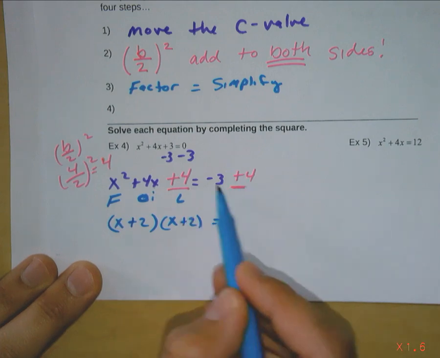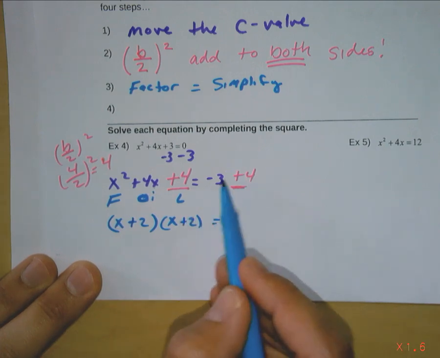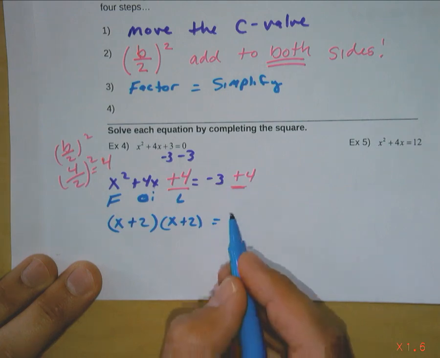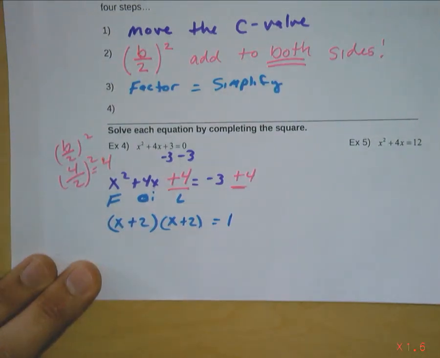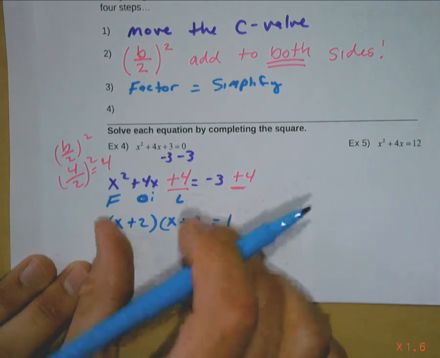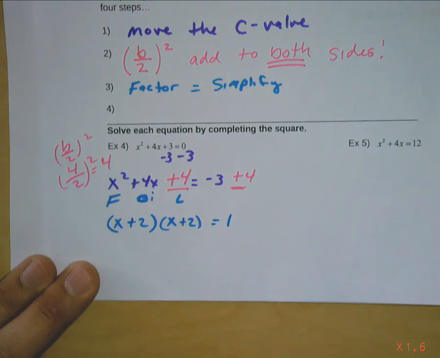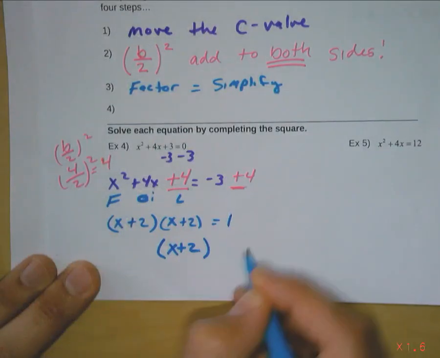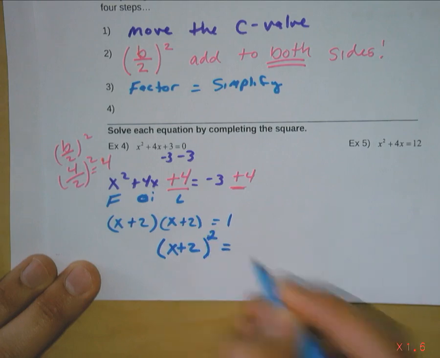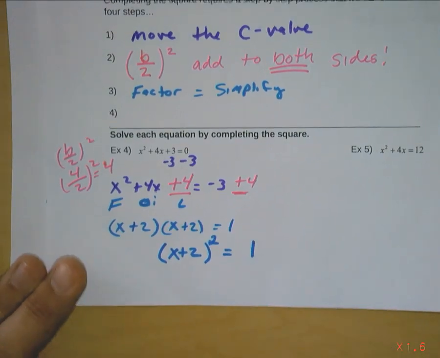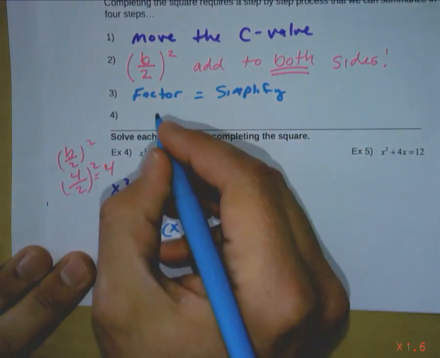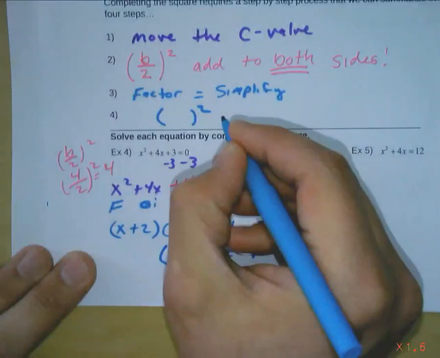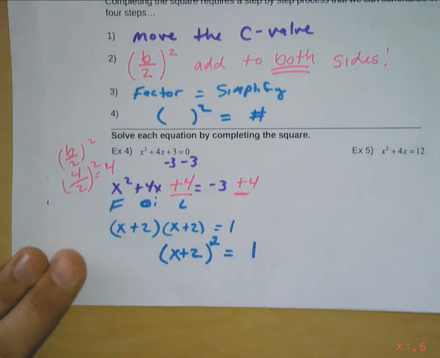And on this side, we're going to go ahead and simplify. I'm just going to take -3 plus 4 and make that 1. Simple. And then last but not least, anytime I have a quantity times itself, like x plus 2 times x plus 2, I'm going to write it like this. So x plus 2 quantity squared, and that equals 1. Okay, so when I factor then, I should get a quantity squared and then equal a number.